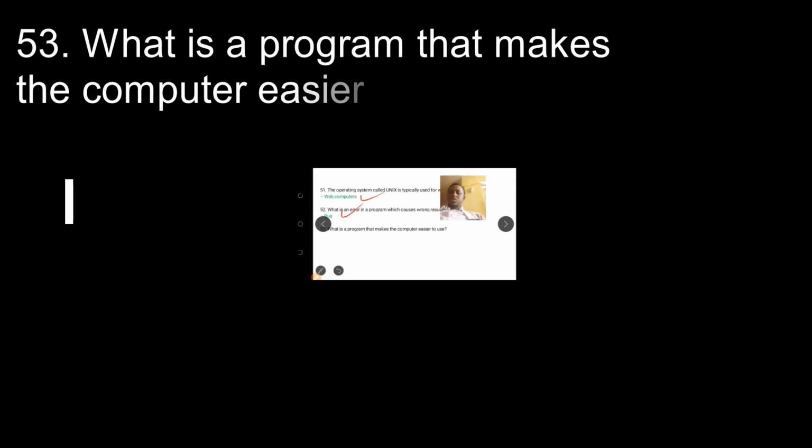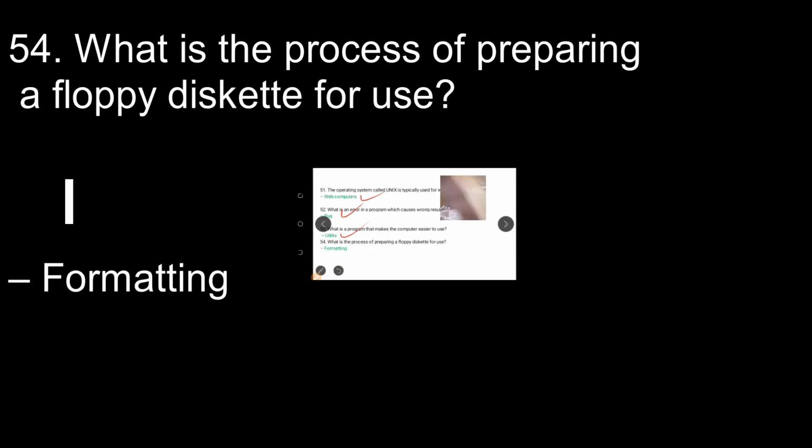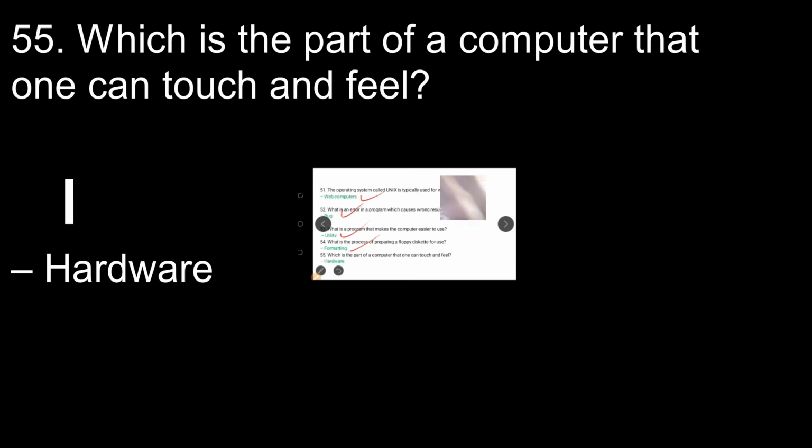What is the program that makes the computer easier to use? Utility. What is the process of preparing a floppy diskette for use? Formatting. Which is a part of a computer that one can touch and feel? Hardware.